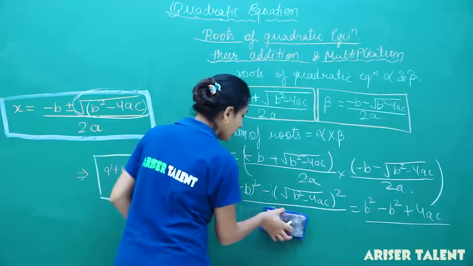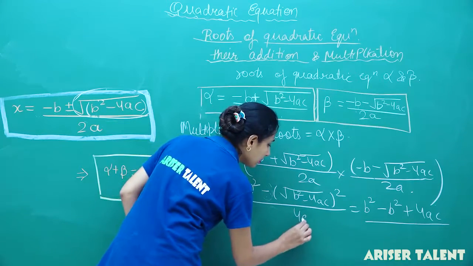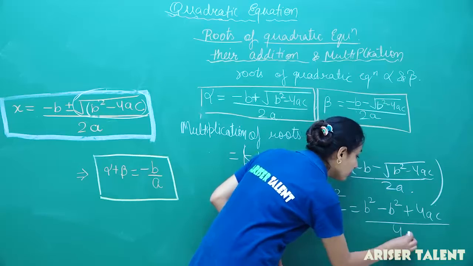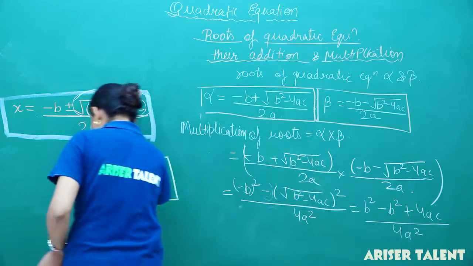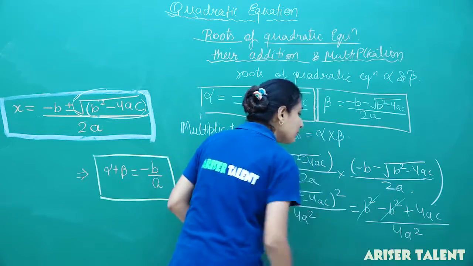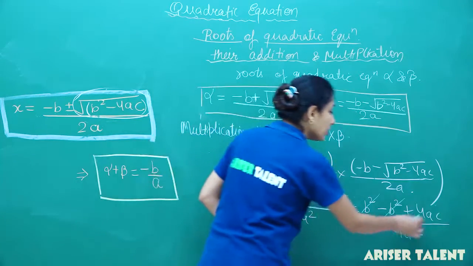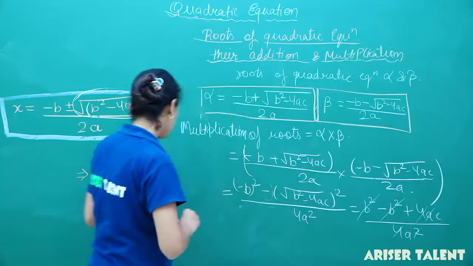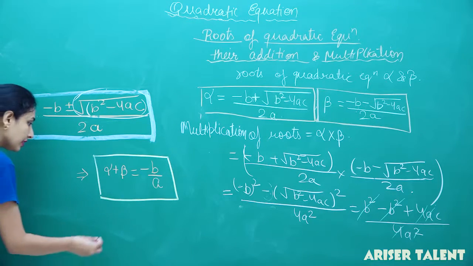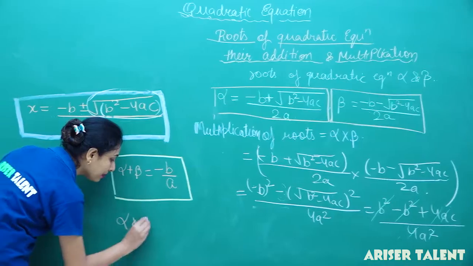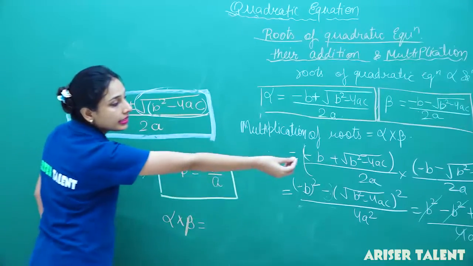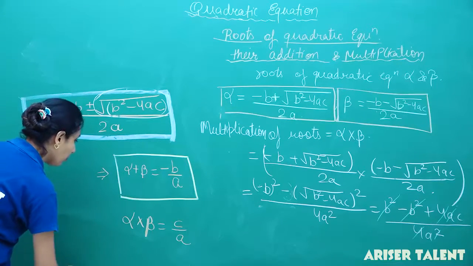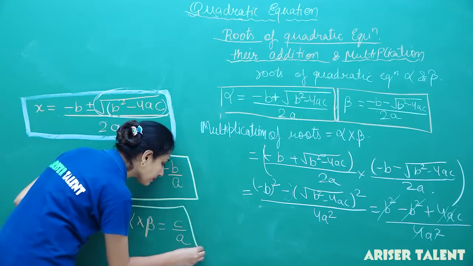This is 4a square, so I have to write this 4a square also here. So can I cut b square and minus b square? Now this 4 by this 4, and this a by this a. So what will I remain with, students? Now I have alpha multiplied by beta equals c by a. You can see we have only remained with this.